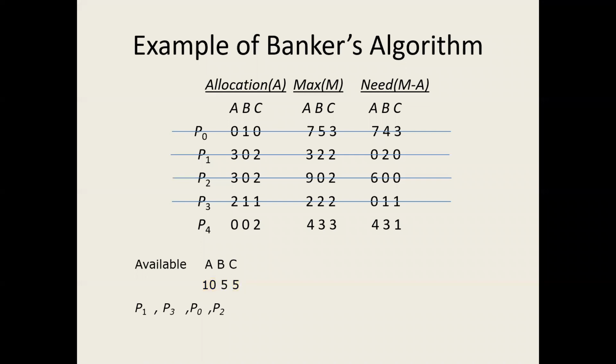Right? So that means P2 will also complete. Right? So when P2 completes, then the only remaining process will be P4. So P4 requires 4, 3, 1 that can be allocated, and P4 can start, and then P4 will complete and release the resources back again.